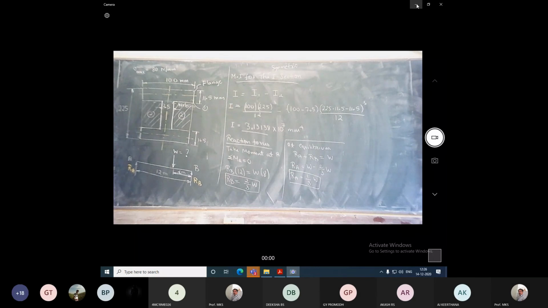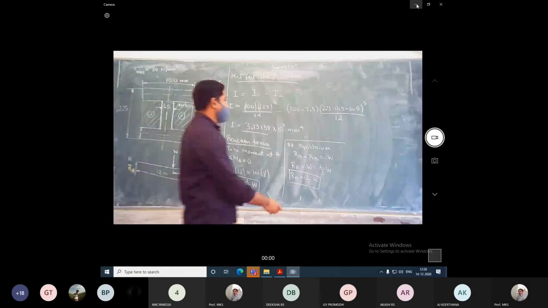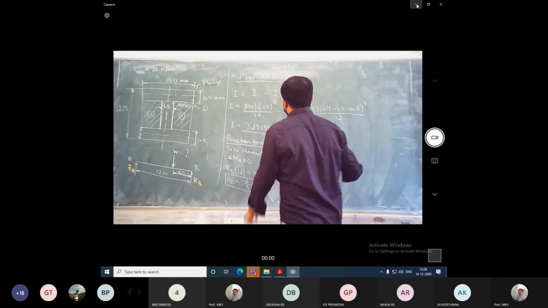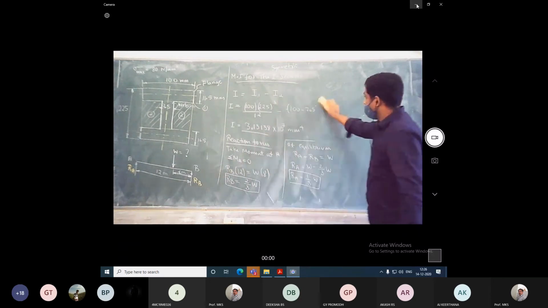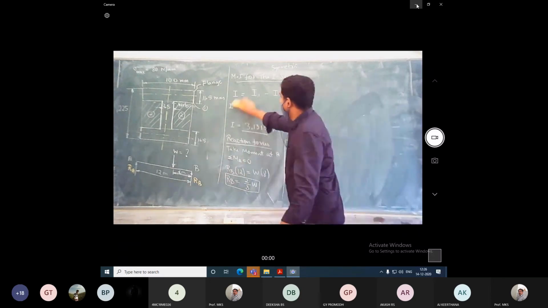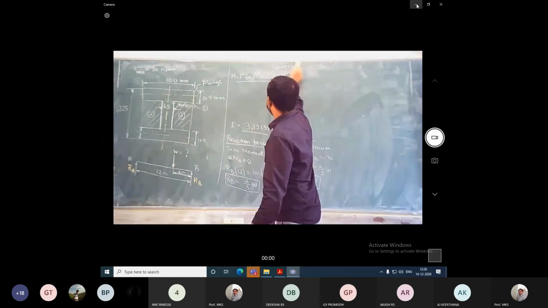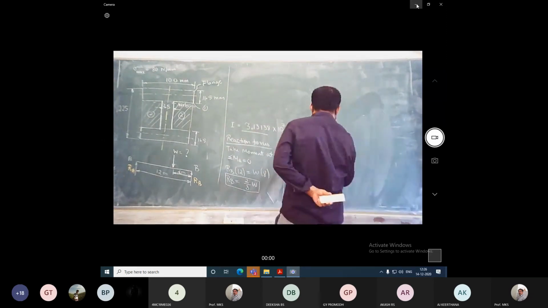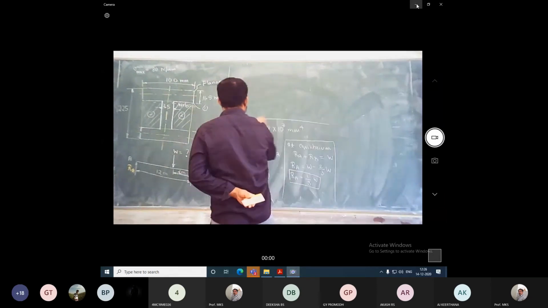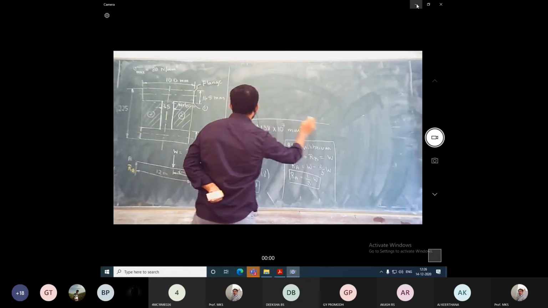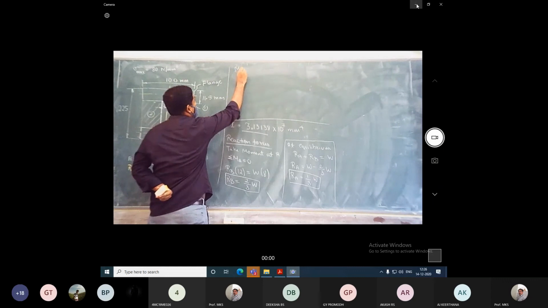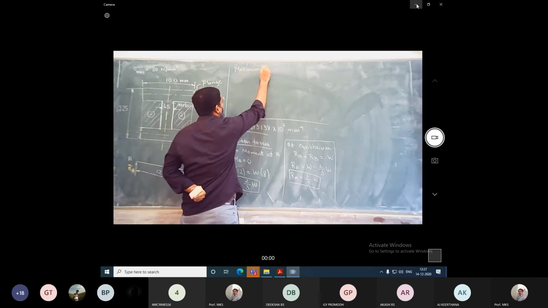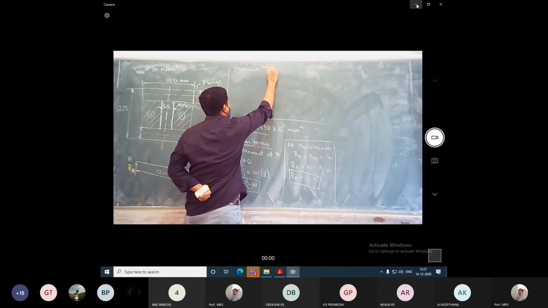Then you find the maximum moment. I'll drop this moment of inertia. So next you find the maximum moment or bending moment.